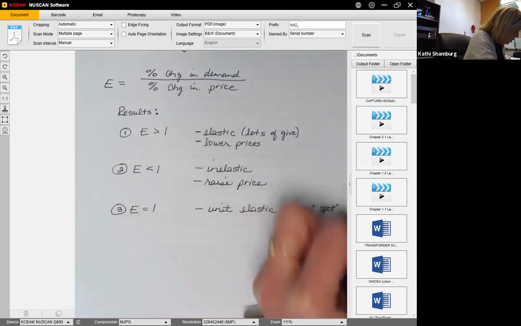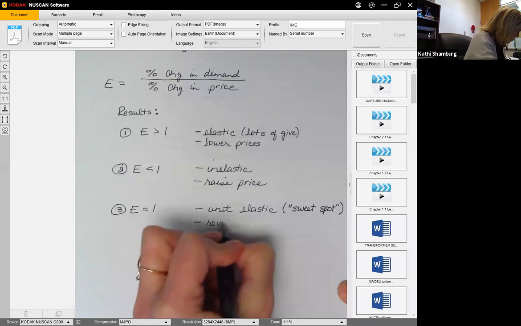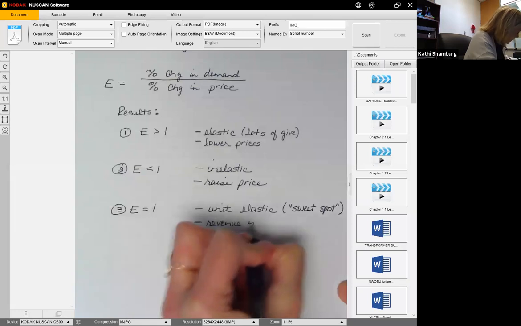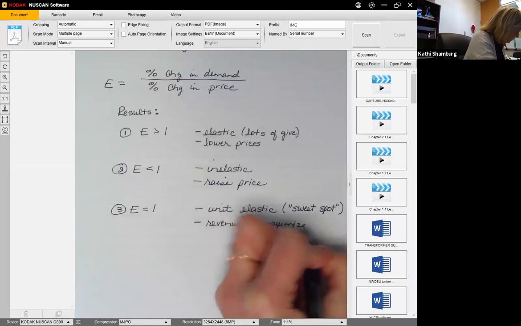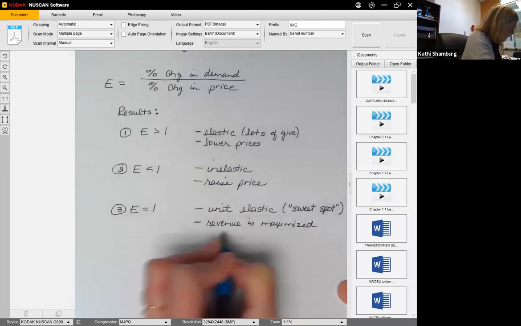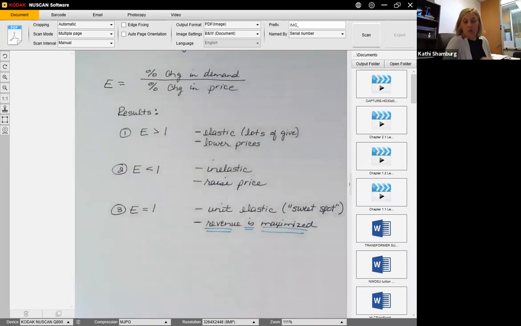It's considered that because your revenue is maximized. Now, this wording you need to pay attention to, because on WebAssign or on a test it might say, when is revenue maximized? Well, you have to know that means your elasticity of demand is equal to 1.